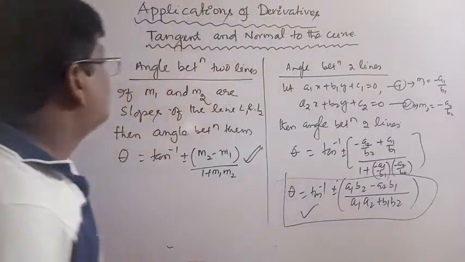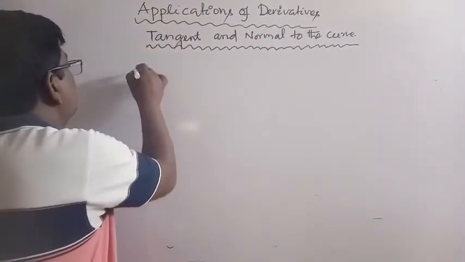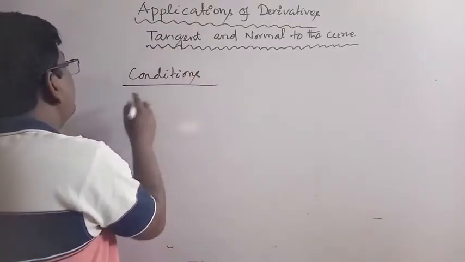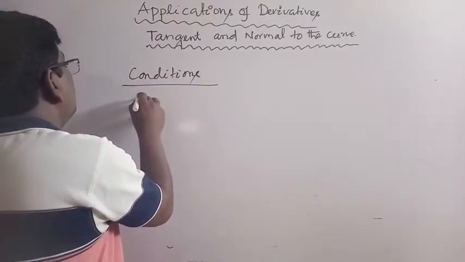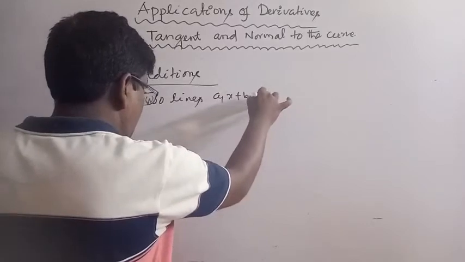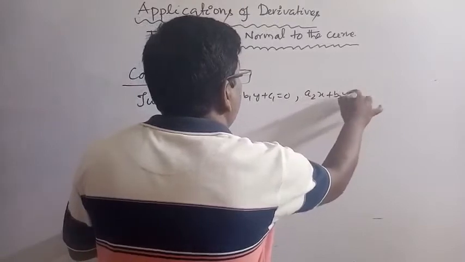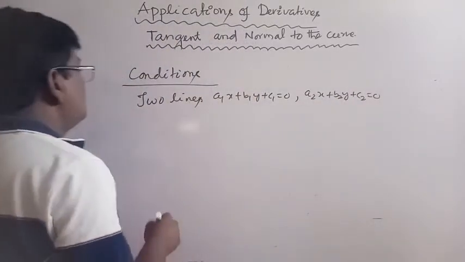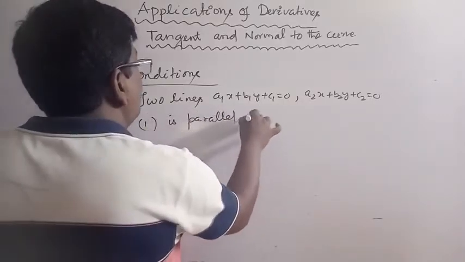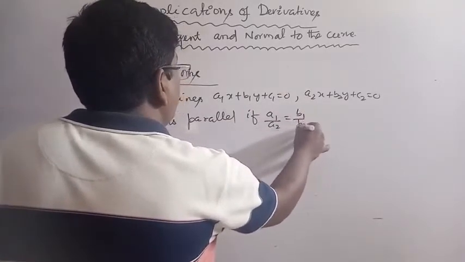And some notes regarding the angle between two lines. Conditions. Take two lines a1x plus b1y plus c1 is equal to 0, and a2x plus b2y plus c2 equal to 0. Number one, the condition for parallel is a1 by a2 is equal to b1 by b2.